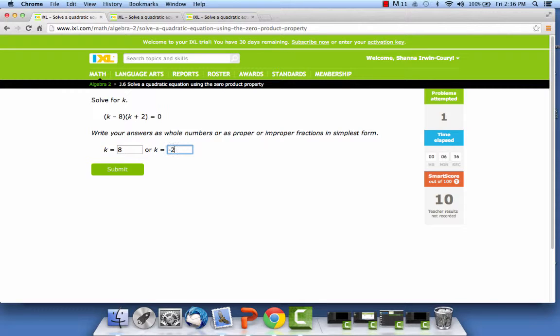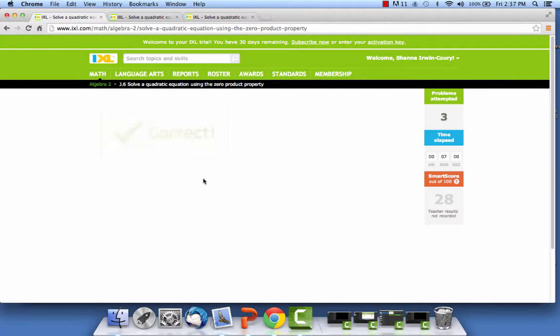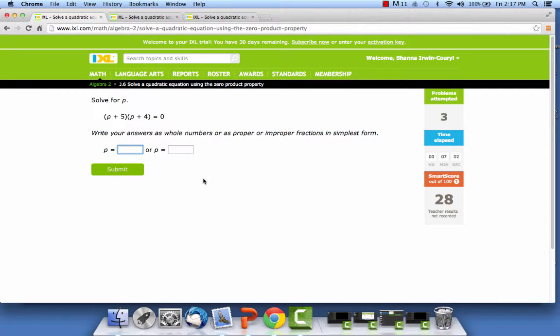You'll start to notice that once things are factored, it's always changing the sign of these if it's just k. If it's just k minus 8, you're going to add 8, so it's 8. If it's just k plus 2, you're going to subtract 2, so it's negative 2. So once it's factored, this one gives positive 1 because of the minus 1, and negative 7 because of the plus 7. Negative 5 and negative 4 because they're both positive.